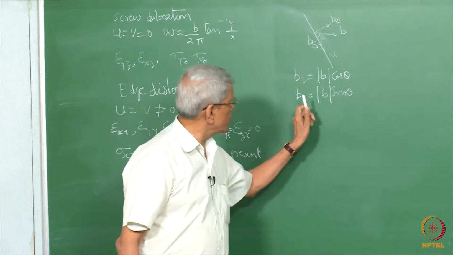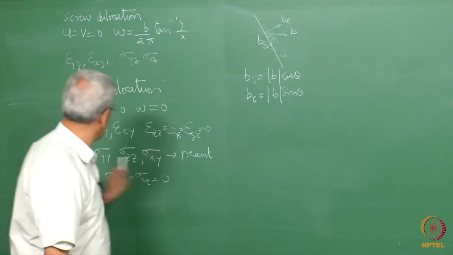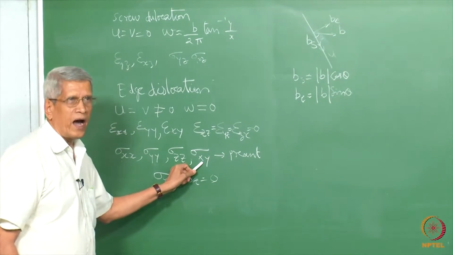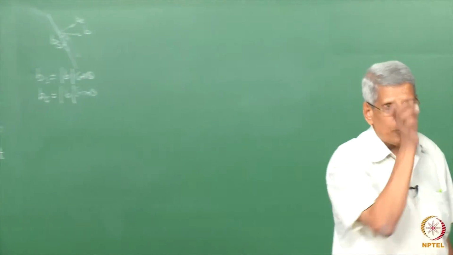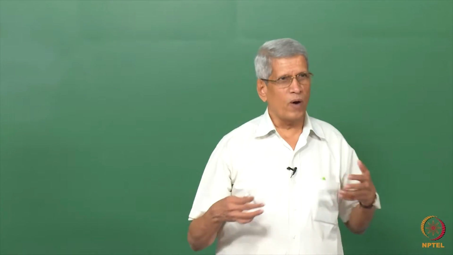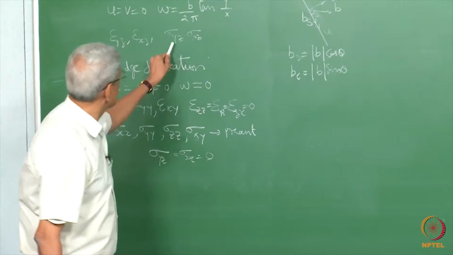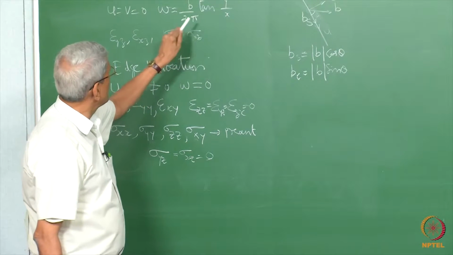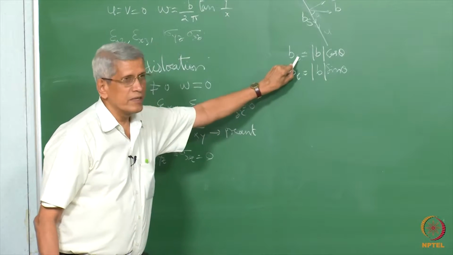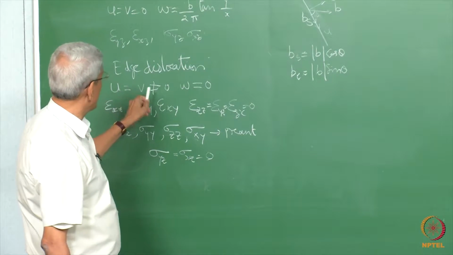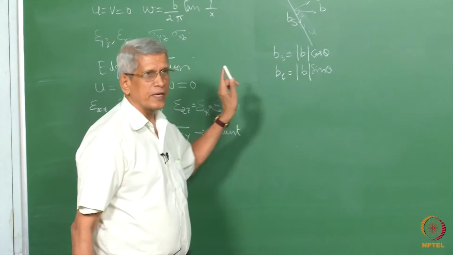Whereas with respect to the edge component of the mixed dislocation, we are going to get the other stress components, right? These components are all independent. There is no component which is common. So what is the advantage of it? For the screw component, the b has to be taken as the component bs, and here for u and v, the edge component has to be taken.